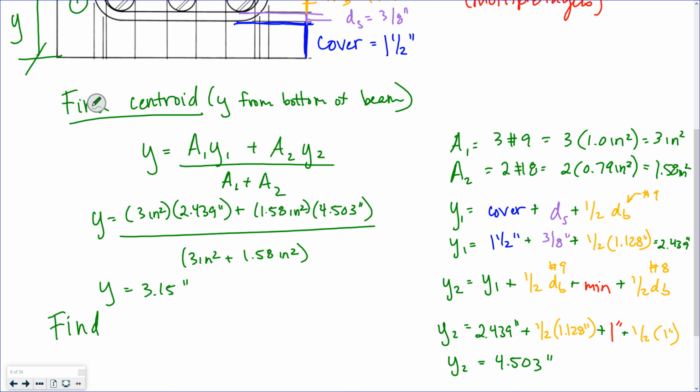And D is just the height minus that centroid, right?